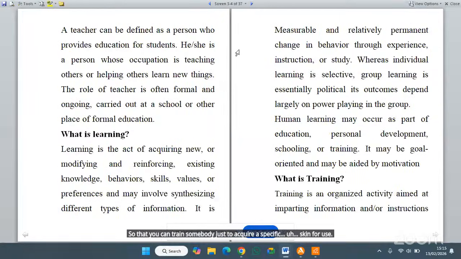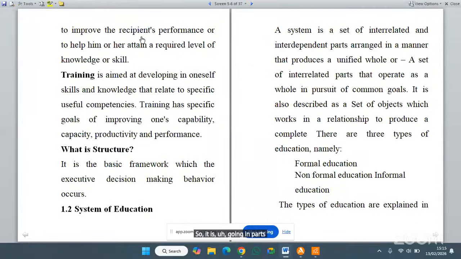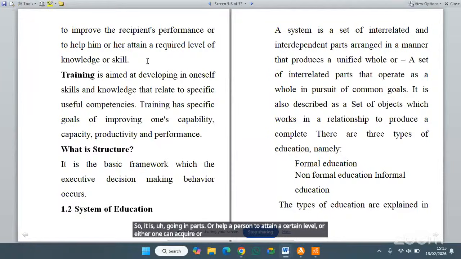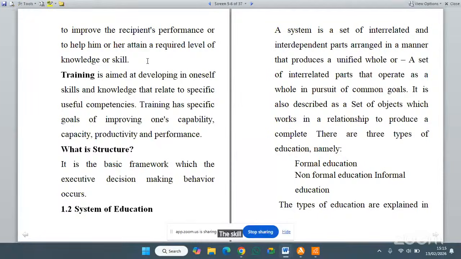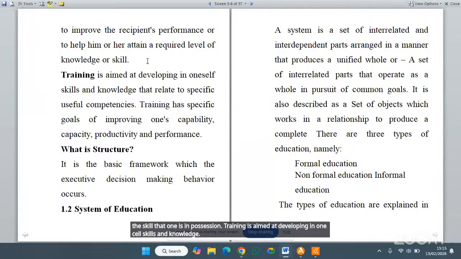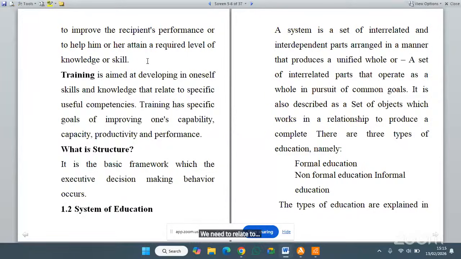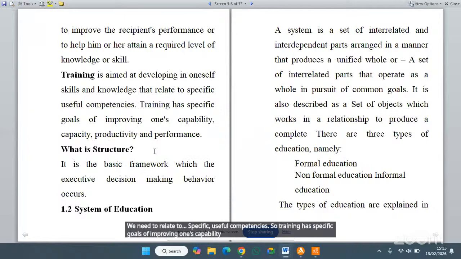So it is going to impart it or help a person to attain a certain level, or either one can acquire or improve the skill that one is in possession of. Training is aimed at developing in oneself skills and knowledge which relate to specific useful competencies. So training has specific goals of improving one's capability, capacity, productivity, and performance.